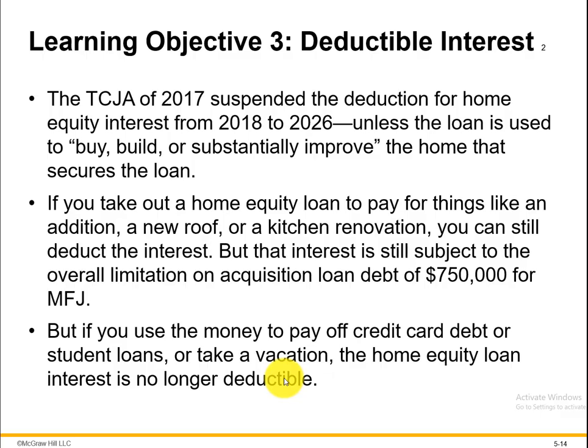Okay, so only if you're going to use it for a new roof, kitchen renovation, that sort of thing. It's still subject to the whole total $750,000 limit as well. So that's added in there. So you could actually go over that limit too with a home equity loan.